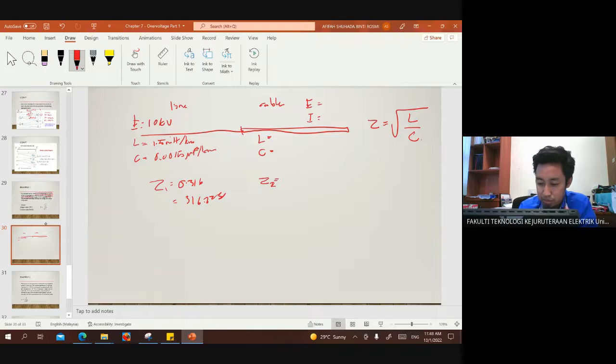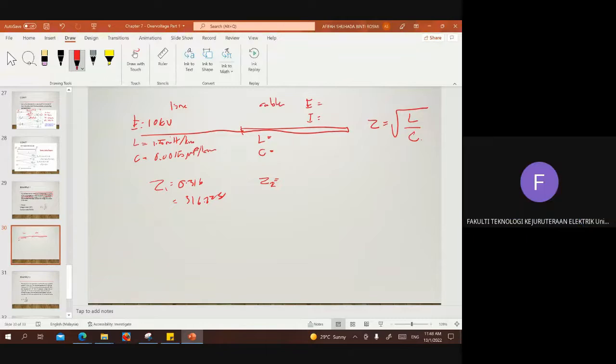Tak cantik pula tulisan saya ni. Okay. So sekarang dapat nilai Z 316.